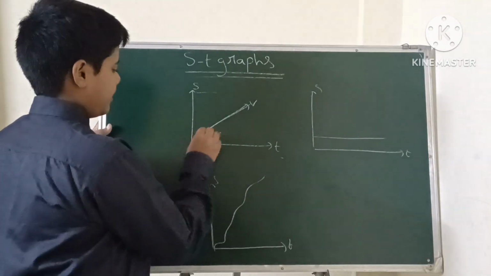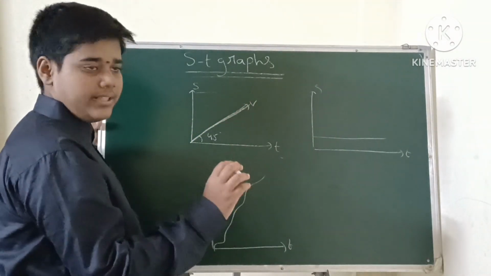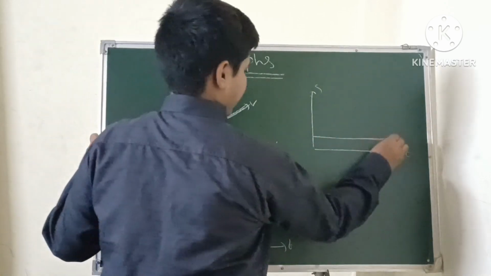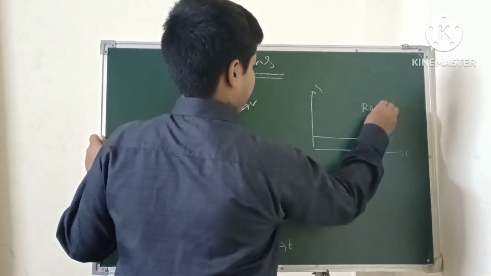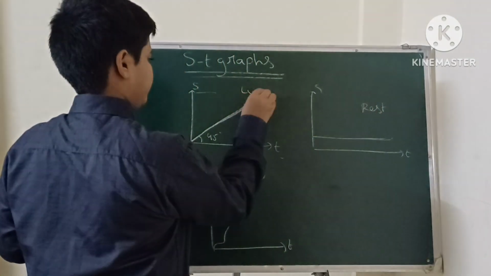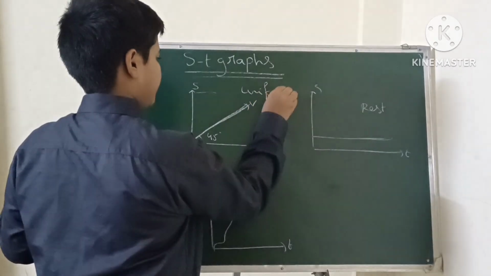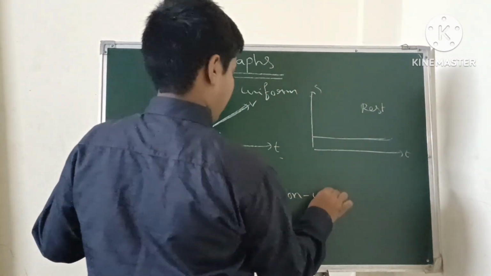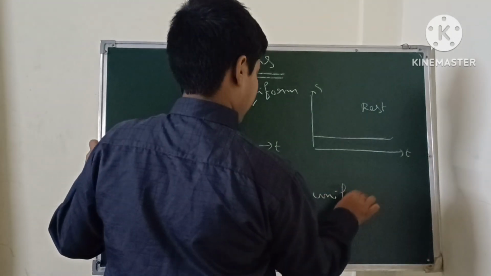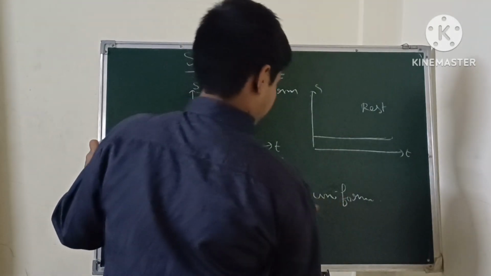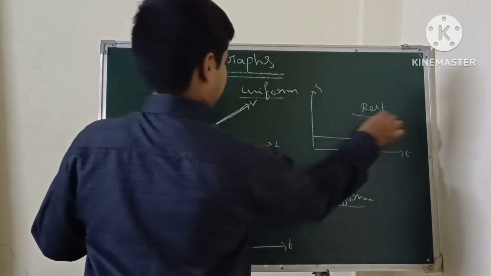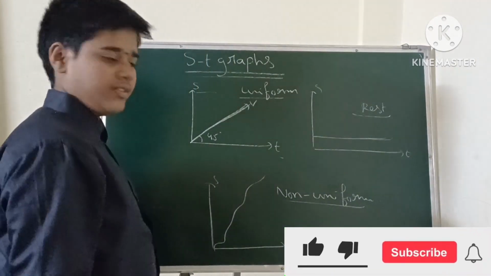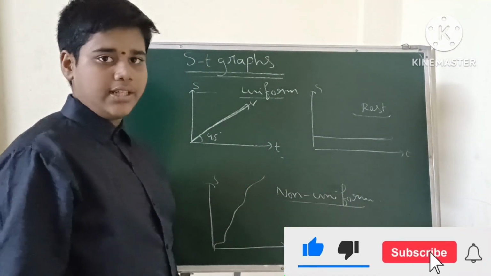So this is a uniform velocity, and this is the rest position. Rest, uniform, and non-uniform. These are the three we learned already.